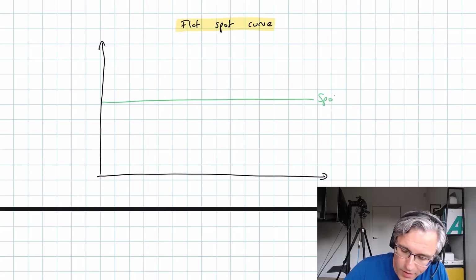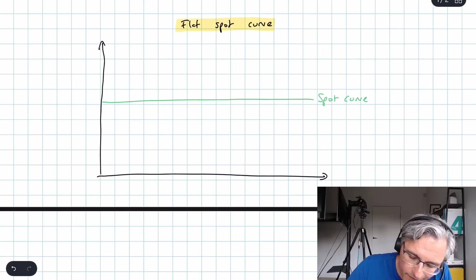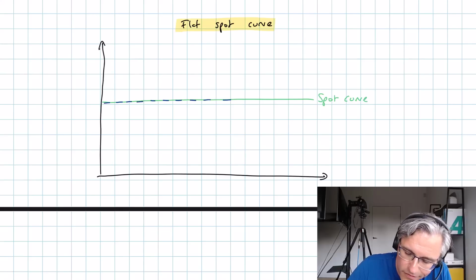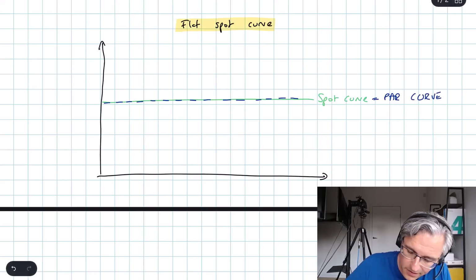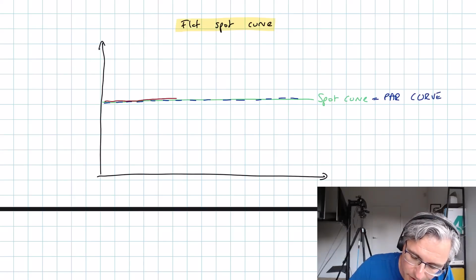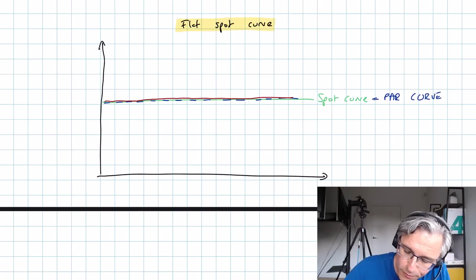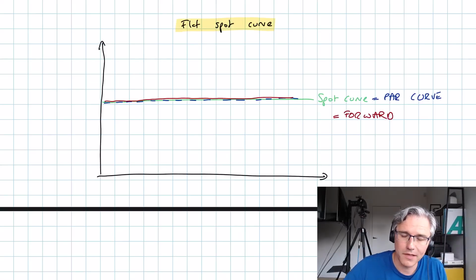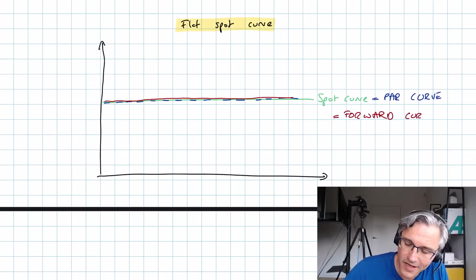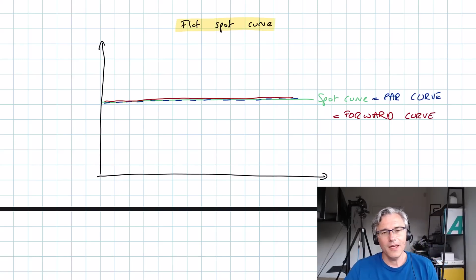And it's that one single situation which you may indeed be asked about, where then the par curve is absolutely equal to the spot curve. And for once, it's also equal to the forward curve. So all those curves become straight lines and they line up. Very theoretical, this one, but you know, in the exam it's absolutely possible to get a question like this.